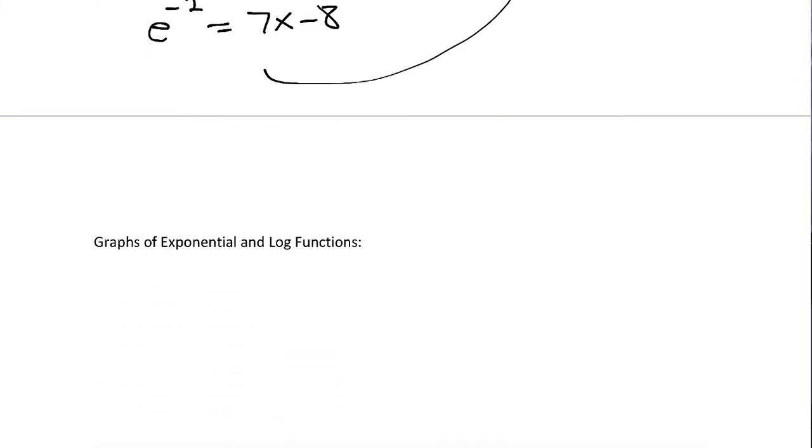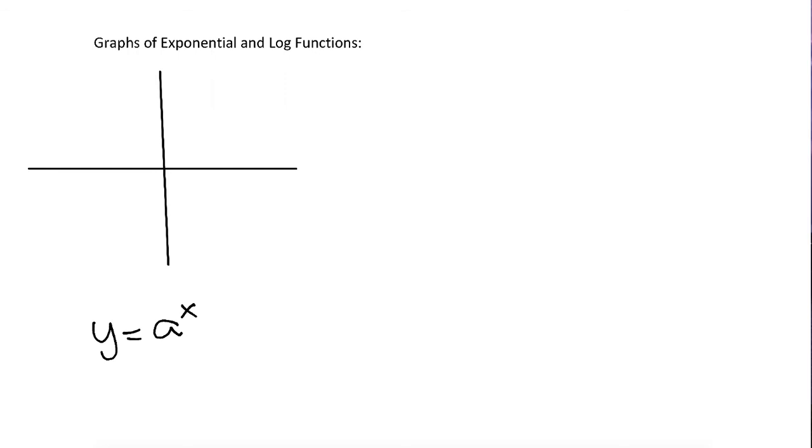So last thing are graphs of exponential and log functions. If we graph exponential functions, any exponential function, so y equals a to the x power, is going to look like this. It has some pretty unique features.